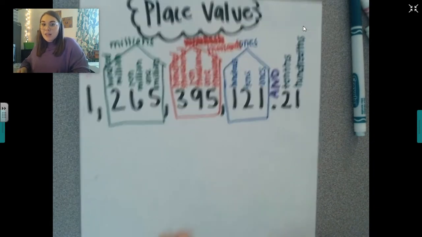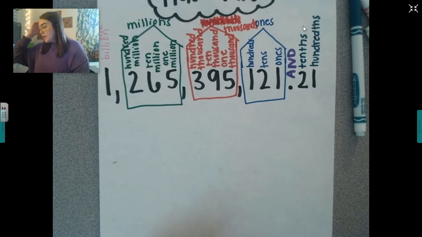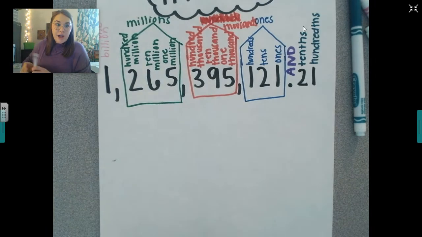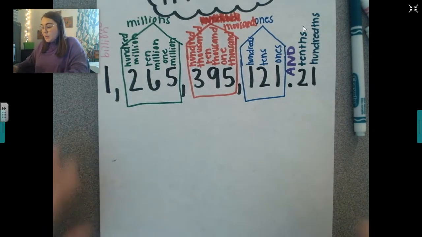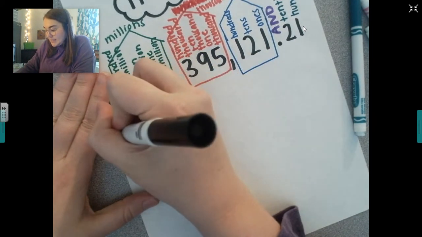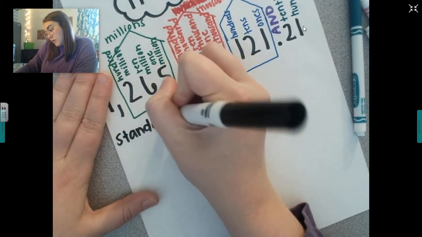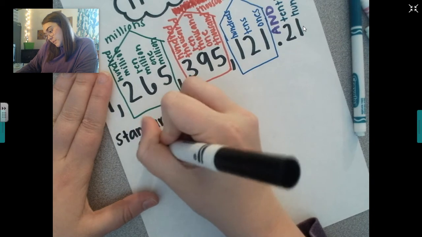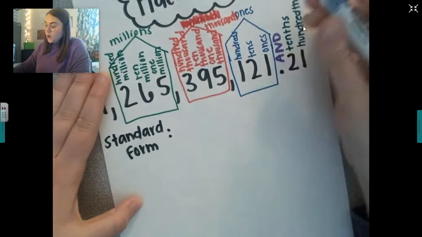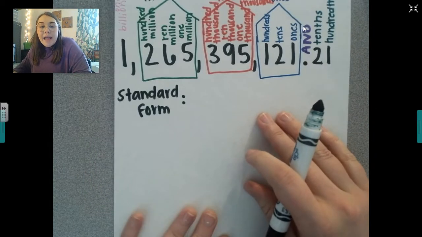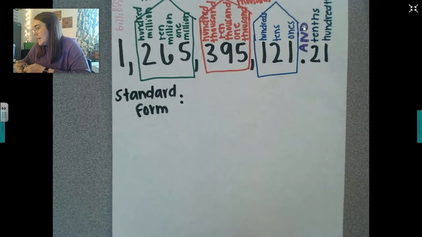So again, let's talk about the different forms you can write a number in. So a number can be written in standard form. Standard form is just the regular way of writing a number.